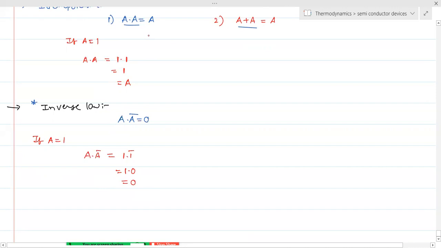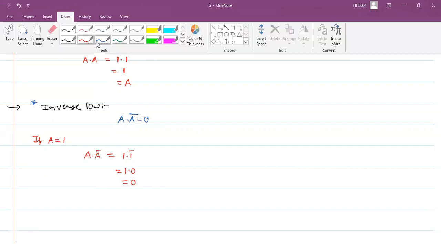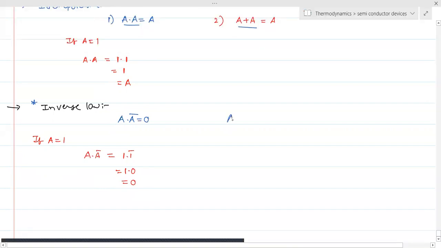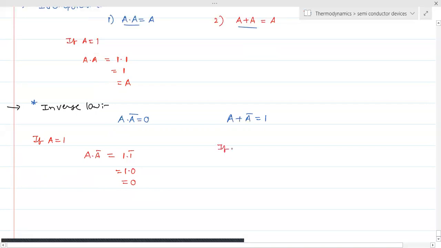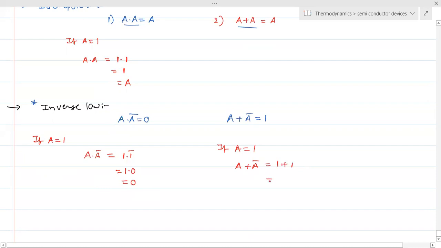Next I am taking A plus A bar equal to 1. For example, if A is equivalent to 1, then A plus A bar is 1 plus 1 bar, that is 1 plus 0, which equals 1.